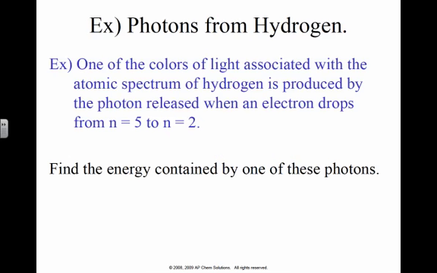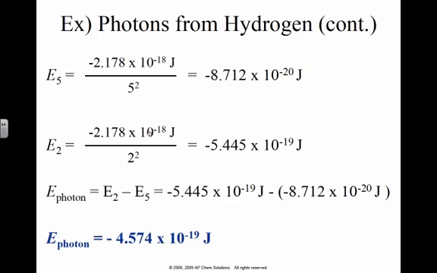That's how much energy that electron possesses. So one of the colors of light associated with the atomic spectrum of hydrogen is produced from a photon that goes from the fifth energy level to the second energy level. Well, if I find out how much energy the electron had here and how much energy the electron had here, and I subtract them, that's how much energy is going to be released.